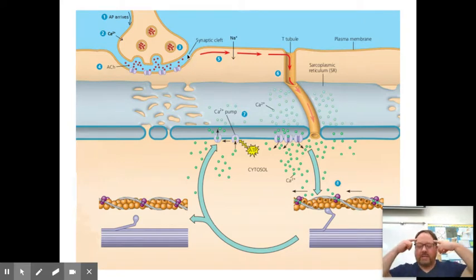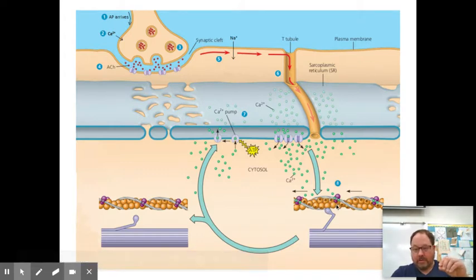So when your brain is sending the signal to your muscles, that signal is acetylcholine. Acetylcholine causes an electrical change in your muscle cells that causes these ligand-gated ion channels to open in the sarcoplasmic reticulum. Calcium ions diffuse out, and then what those calcium ions do is pull back on those gray ropes.